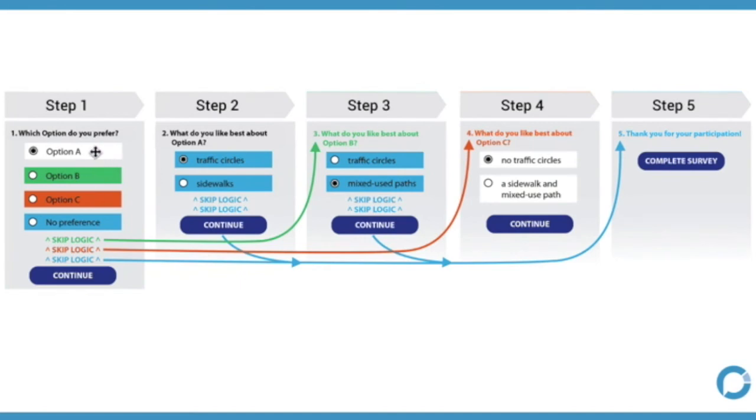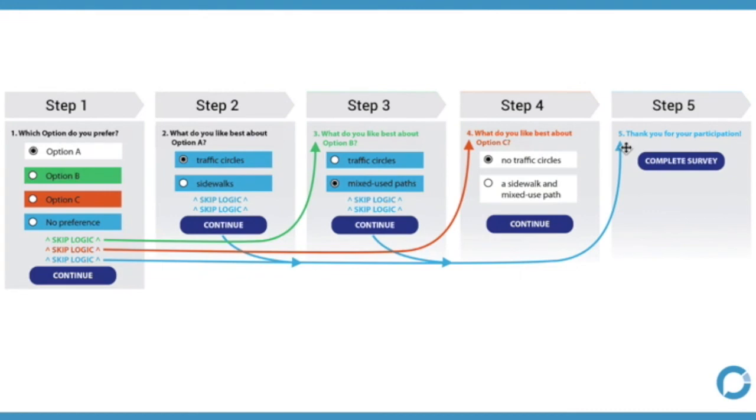Here we have option A, which advances to step 2, so you do not need skip logic for one of the answers. Option B, the skip logic will advance you to question 3. Option C will advance the participant to question 4. And option no preference at the bottom will advance the user to the end of the survey and thank them for their participation.